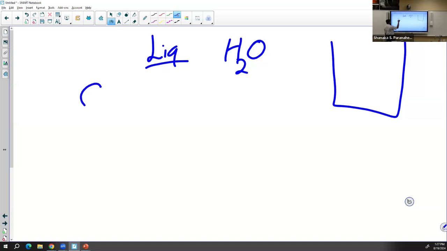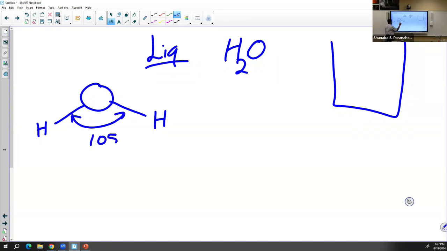There's one oxygen bonded to two hydrogens like this. There's an angle between these two bonds, around 105 degrees, in a water molecule. So there are water molecules in a sample of water, like this.